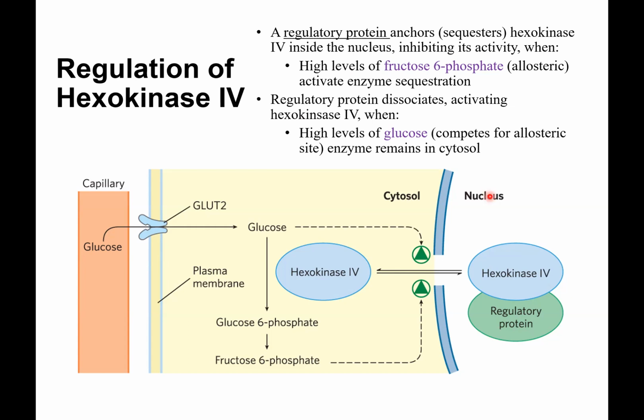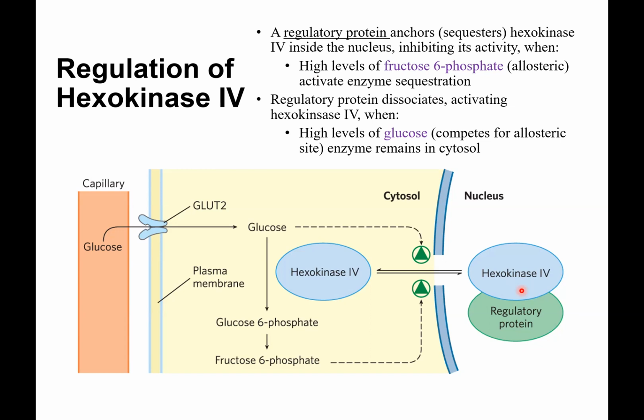So when does this happen? Well, it happens in response to high levels of fructose 6-phosphate, which activates enzyme sequestration, leading to the very tight binding of the regulatory protein to hexokinase 4.